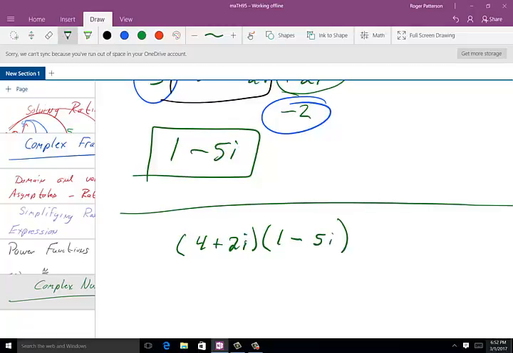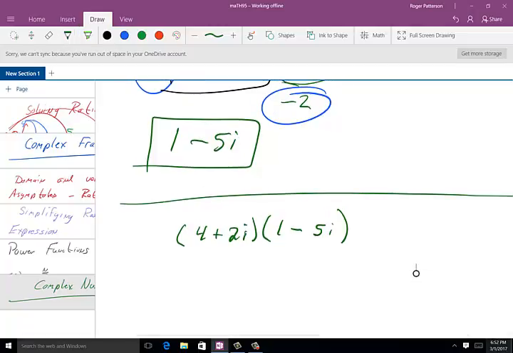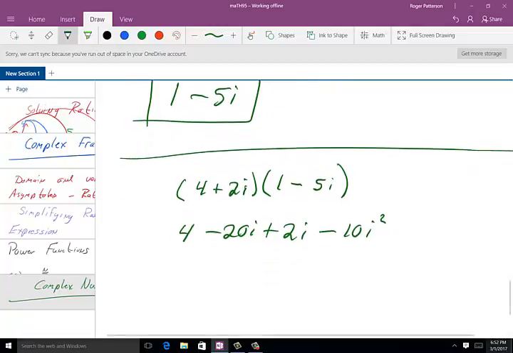Okay, so we're going to FOIL this. What are we going to get? Let's step through it. So we're going to get 4 minus 20i plus 2i minus 10i squared, which is really just plus 10.